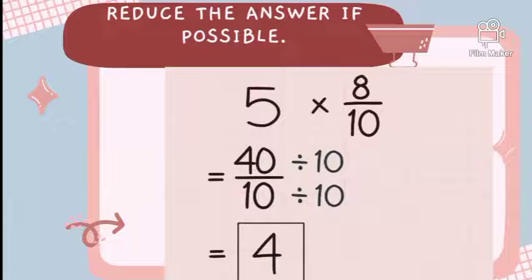So you can see multiplication is simple. What do you do? You multiply the numerators, multiply the denominators, reduce to lowest term, and that's your answer.